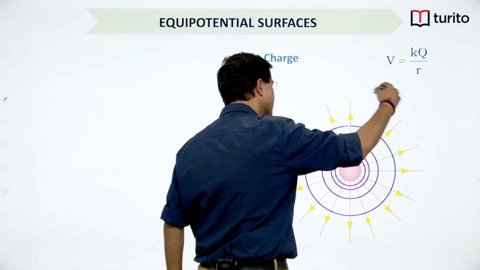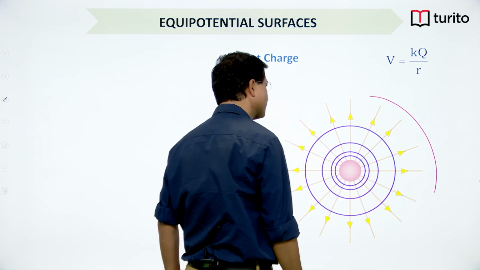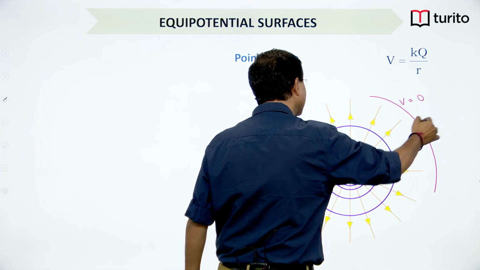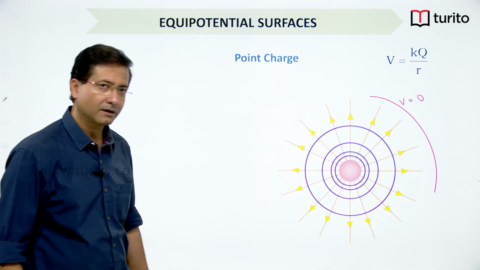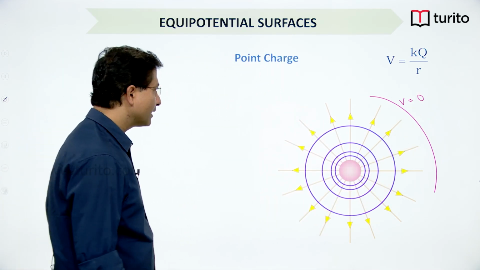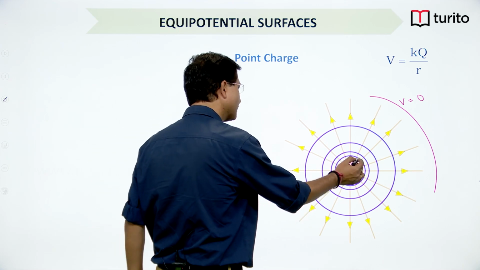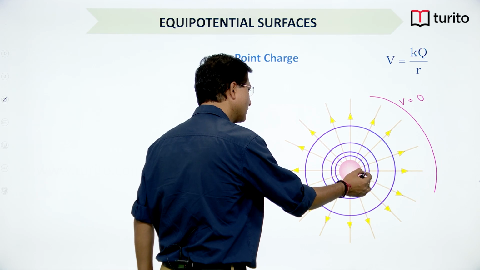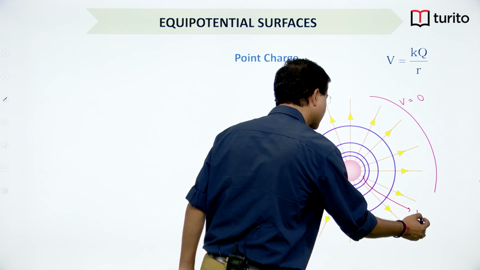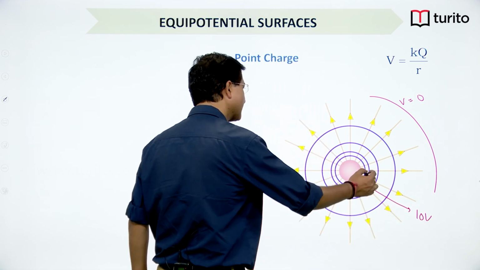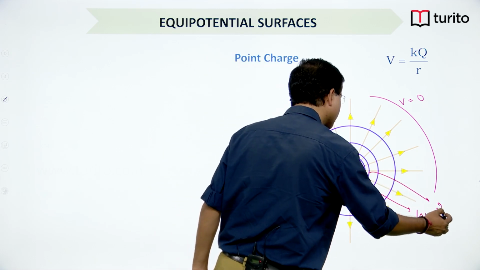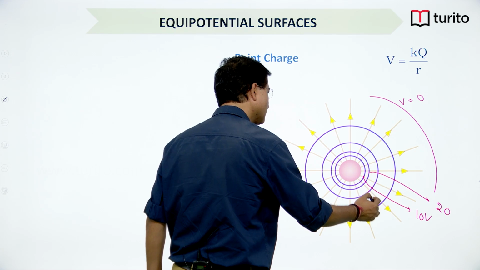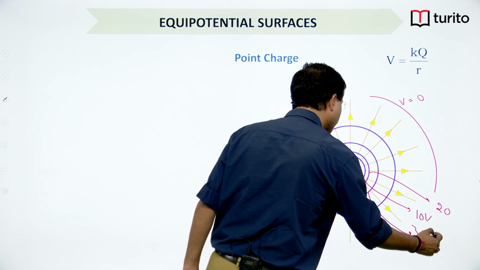So, when I talk about the equipotential surface somewhere here, potential at r equal to infinity will be 0, right, and somewhere here, this innermost one, assume that if this is say 10 volt, the next one say 20 volt, then this one say 30 volt.